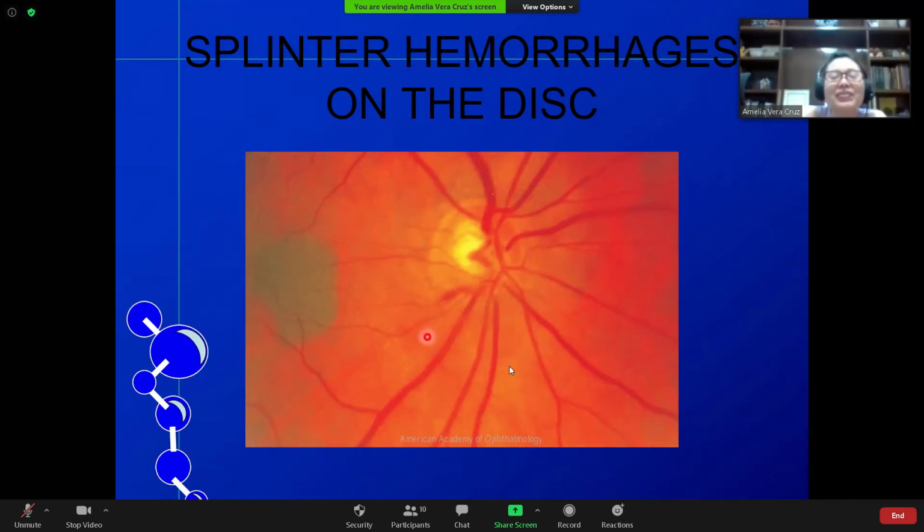Yan. Okay. That is a sign of ischemia. So that means there is damage at that area. Usually, ito, may edema. So, sige. Estimate again. Give me the cupping of that optic nerve.